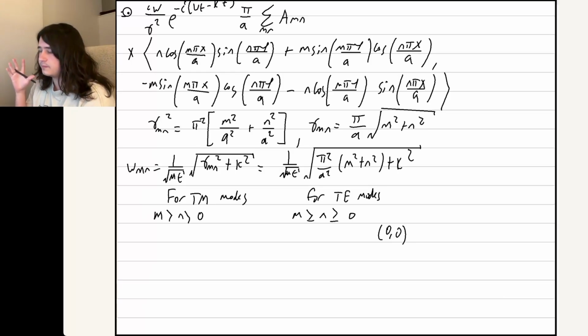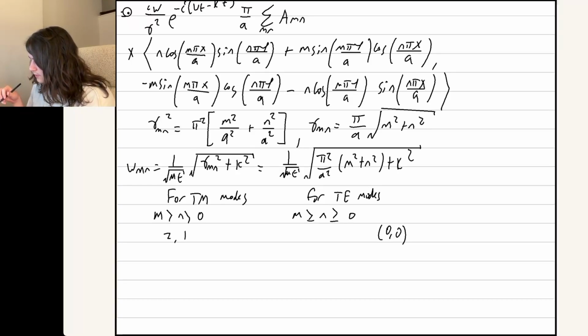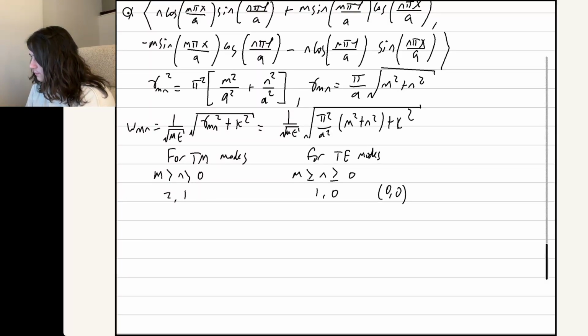So any of those modes are fine, but that means that the lowest mode for TM is actually 2, 1. And then the lowest mode for TE is 1, 0. So we'll probably look at those in a minute.